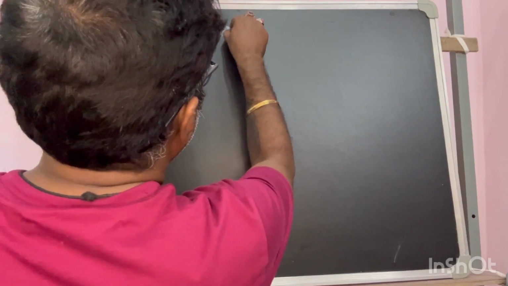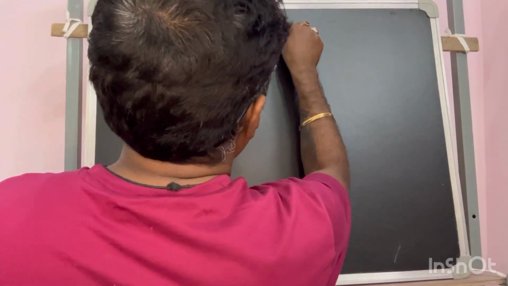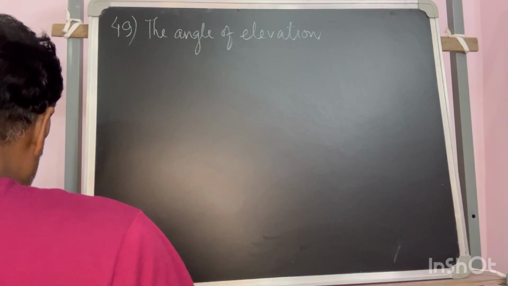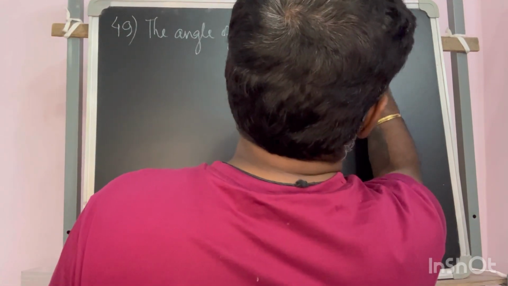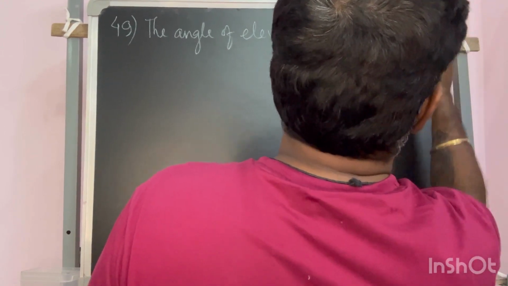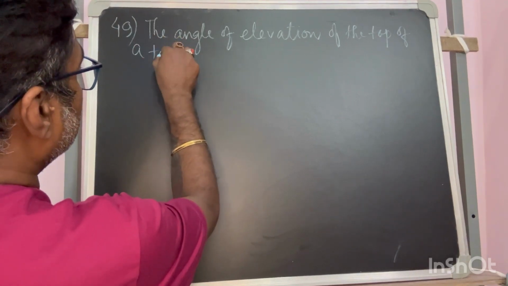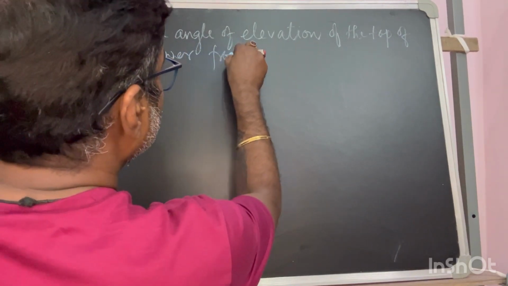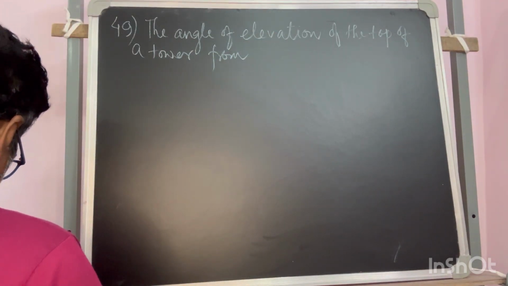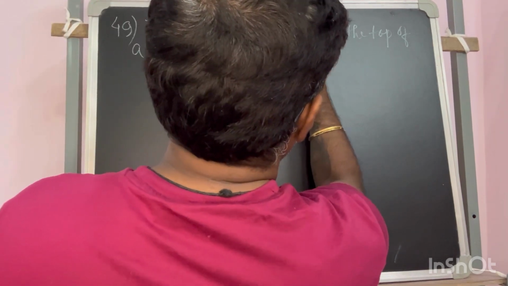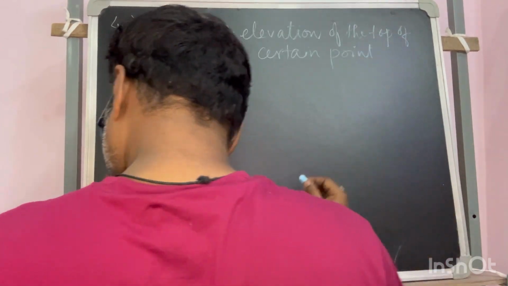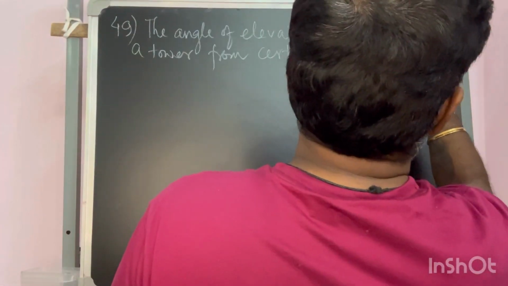The angle of elevation of the top of a tower from a certain point is 30 degree.